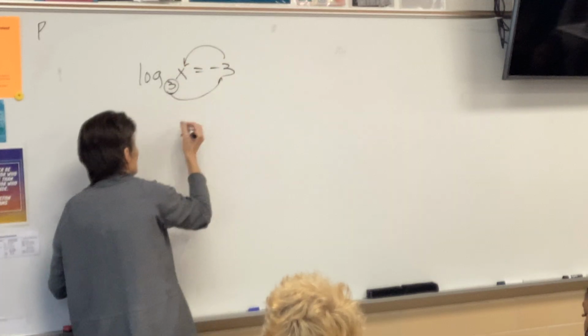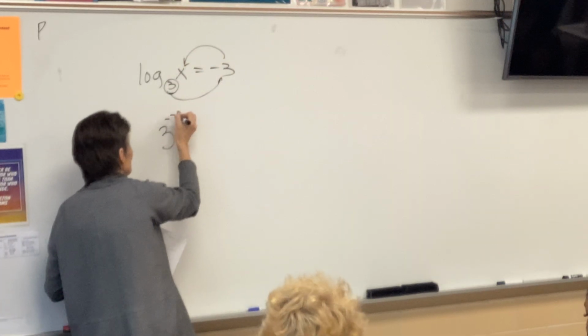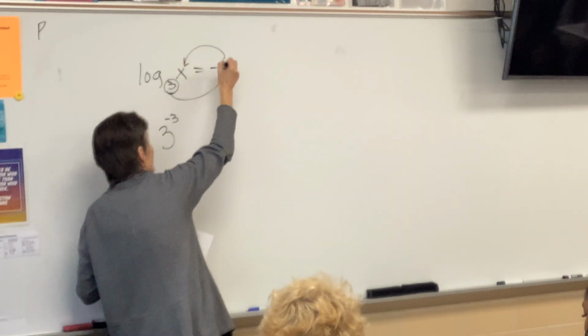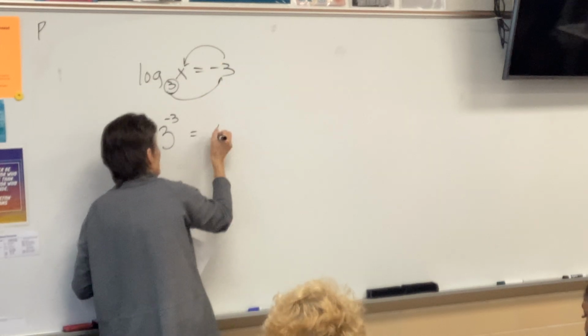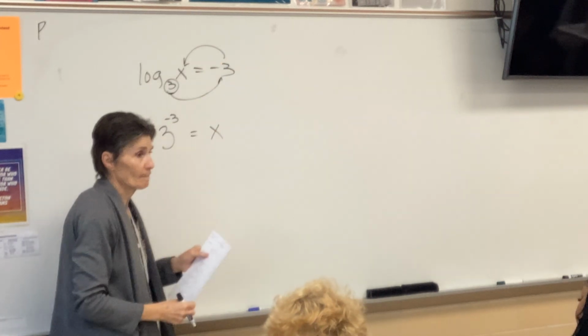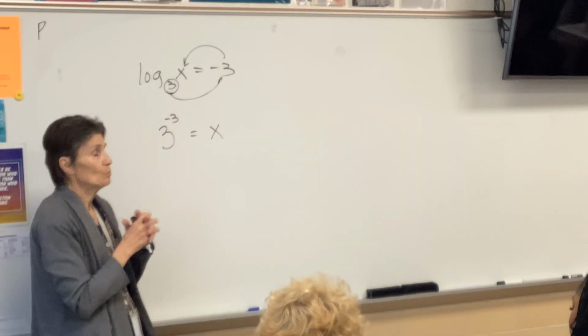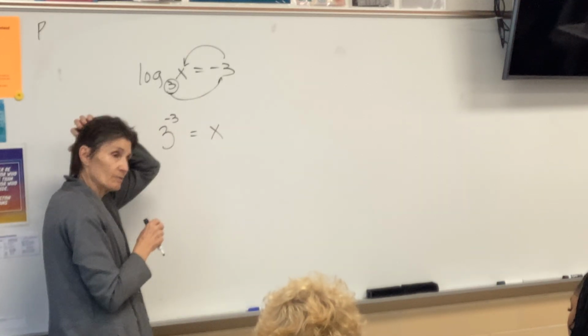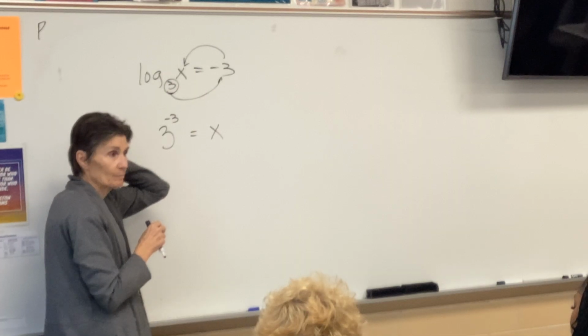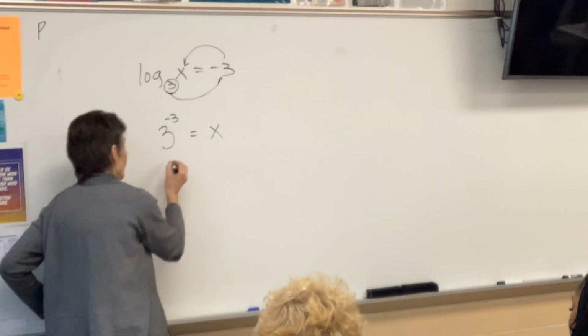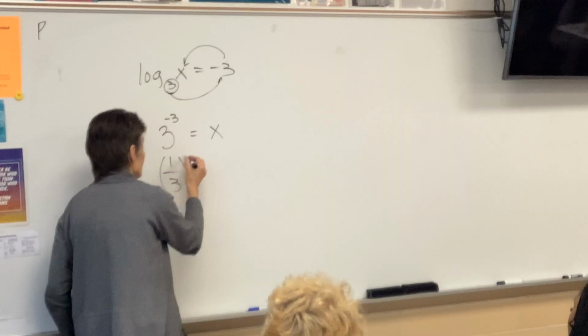We go like this. So 3 to the negative third, that's an exponent, equals x. Now, what do we do with 3 to the negative third? What does that mean? Fraction. 1 over 3 cubed.